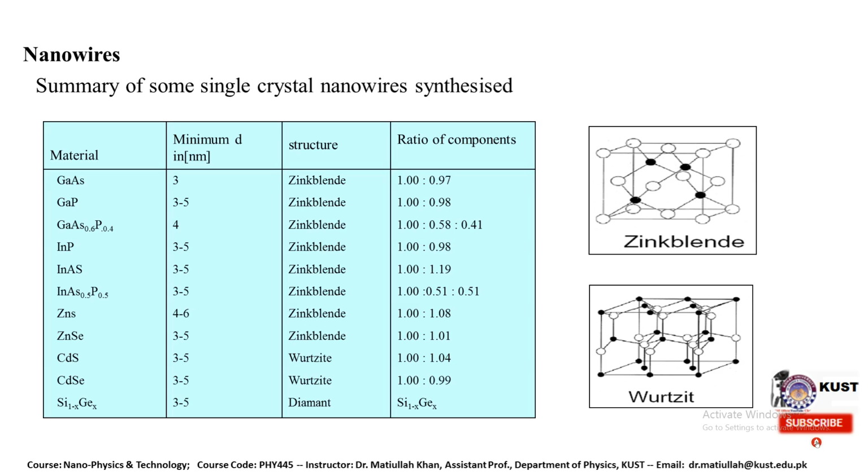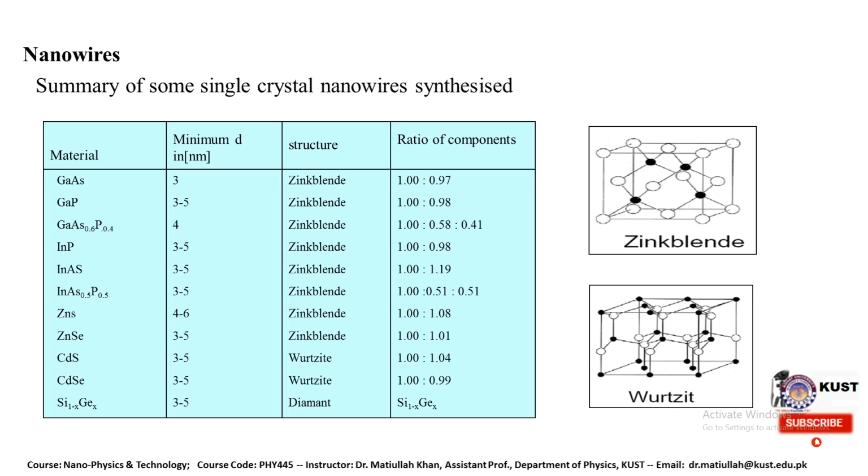So some other compounds, that is GaSb and InP, and similarly InAs, also come in the nanometer range, which have nanowire diameters of 4 and 3 to 5, or 3 to 5 respectively. And again all these three materials have the zinc blende structure.